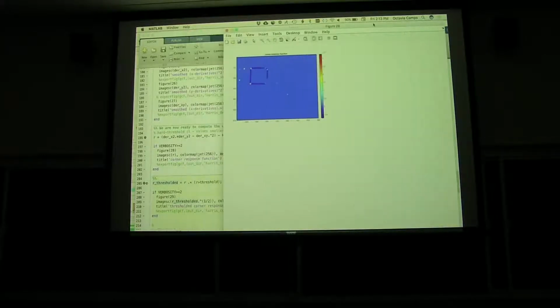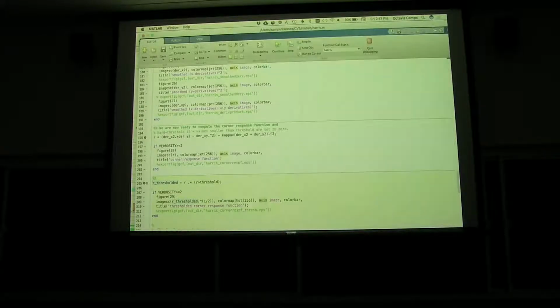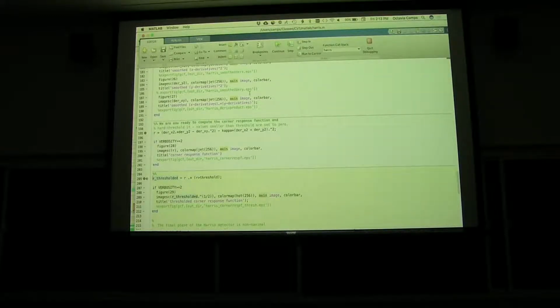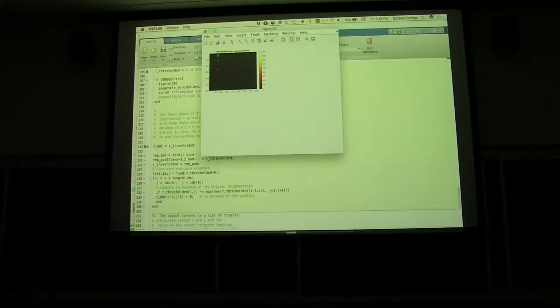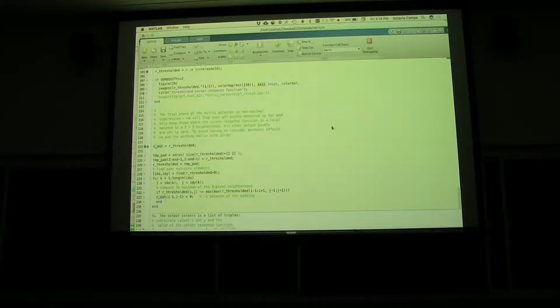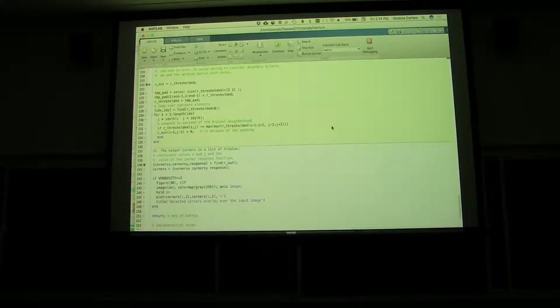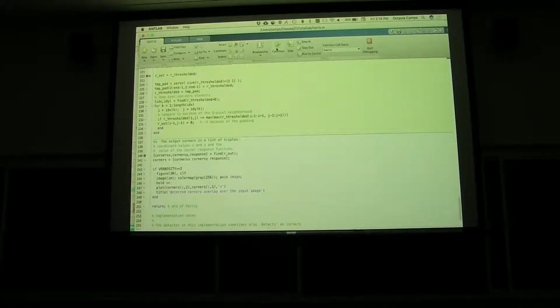You see that there are some bright spots where I was expecting corners. So let's threshold the R-score. Now I see the places where the algorithm thinks there are corners. Then we can output them on the original image.